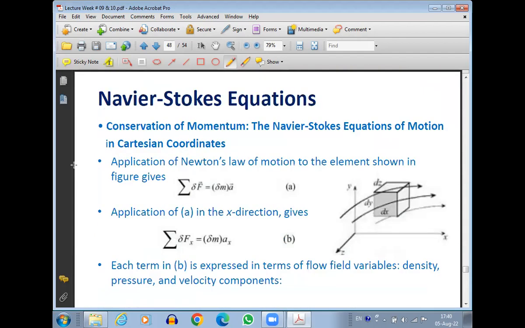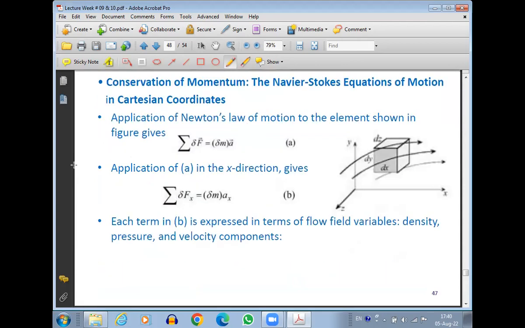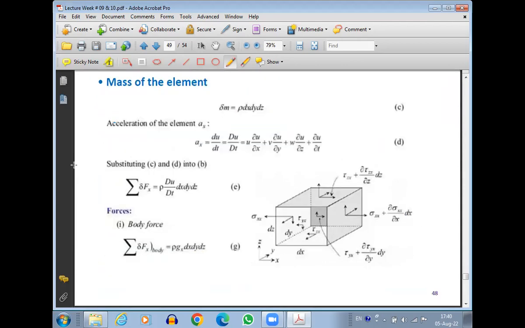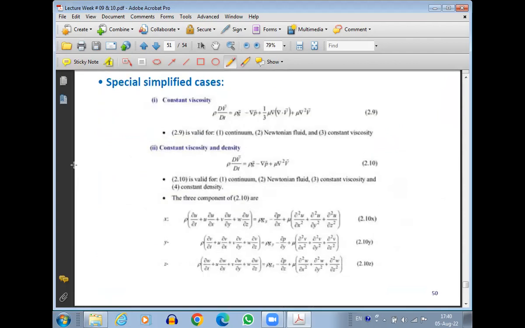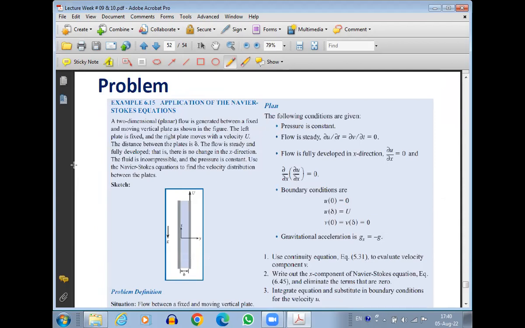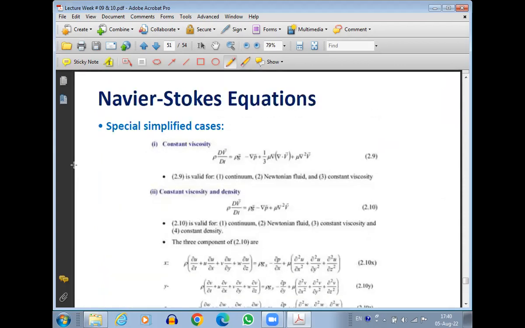So with all this done, we have the next topic, which is the Navier-Stokes equation, and it's basically the last topic. The derivation of the Navier-Stokes equation is in the lecture slides, and the explanation is given in the book as well. I don't want to go through it with you right now, but it is a part of the course, so you should go through it yourself. The only thing you should know from the short questions point of view is what the Navier-Stokes equation is.